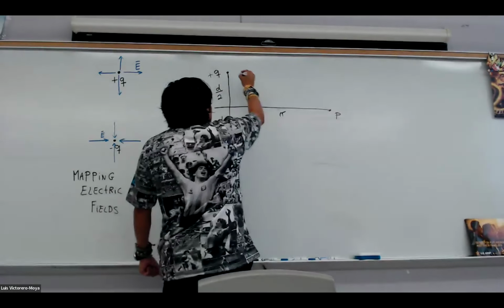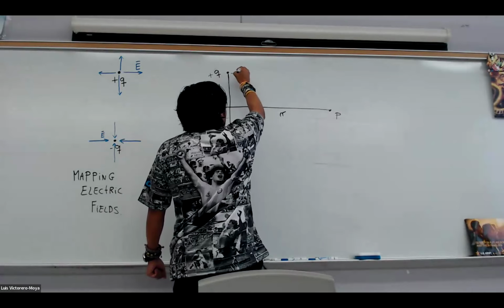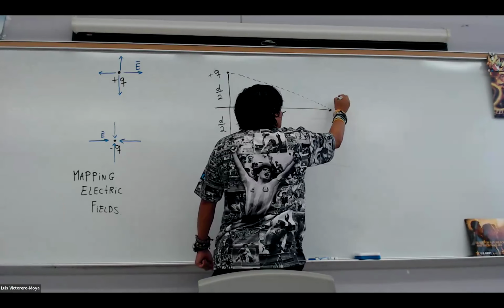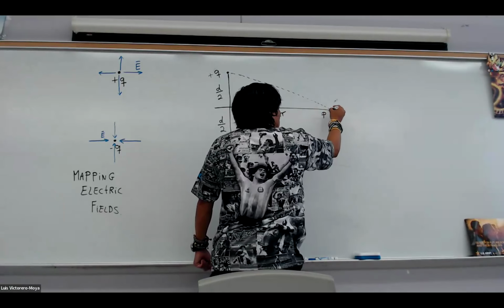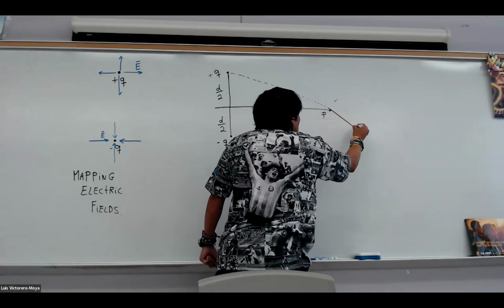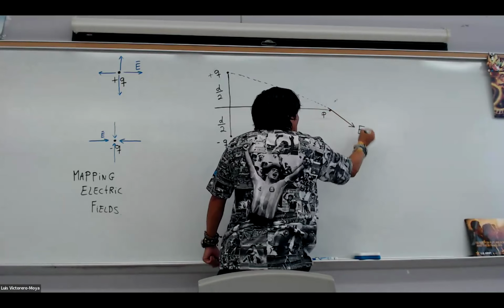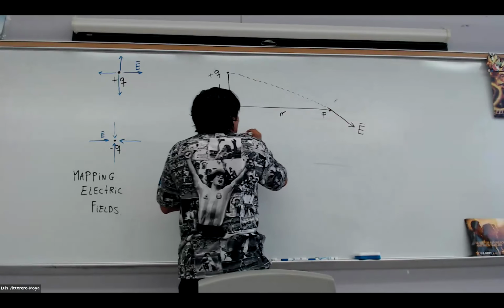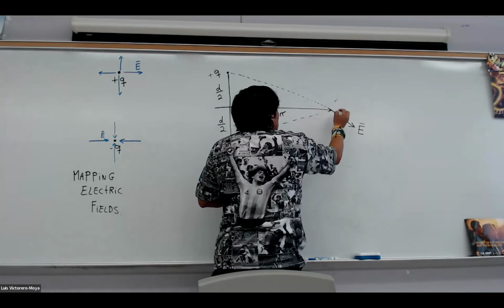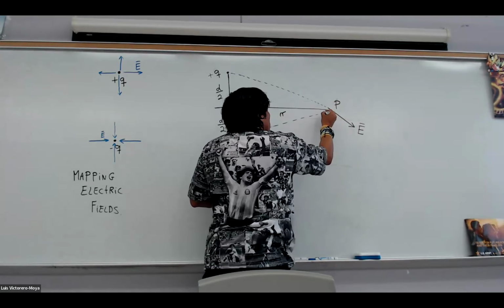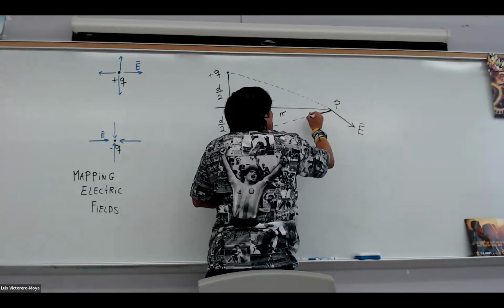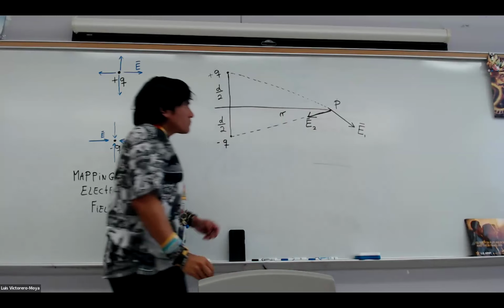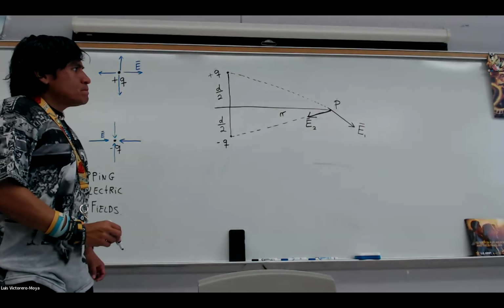Positive Q, remember what I said? You're going to draw this, and the vector electric field at P is like this. For negative Q, you're going to draw this line, but be careful though. Let's call it E2, E1. See what I'm saying there?